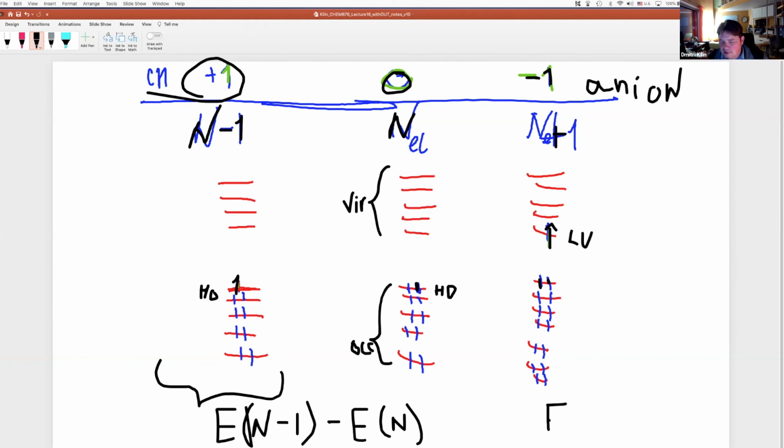And the molecule will have n+1 electrons. So we will need to subtract the total energy of the neutral system from this total energy to get the exact electron affinity.